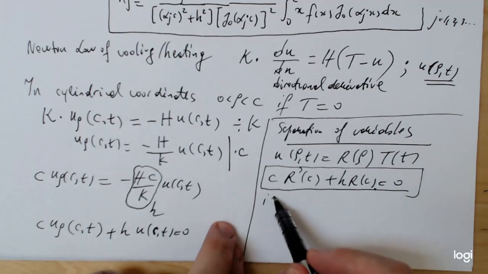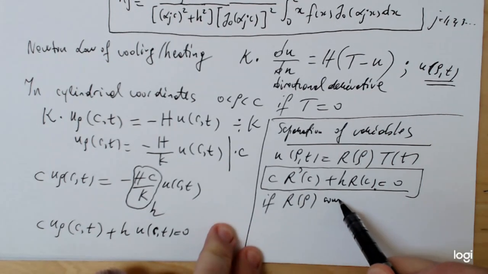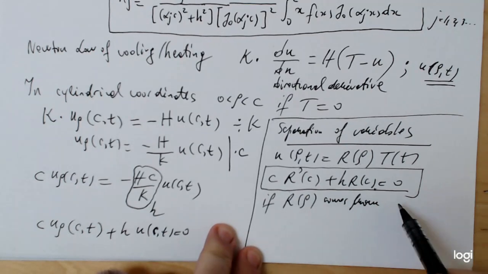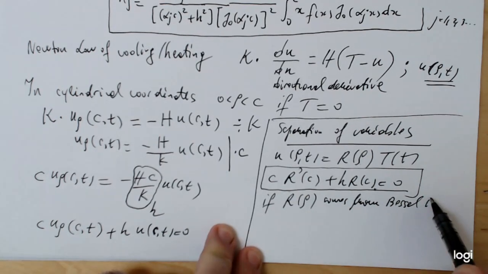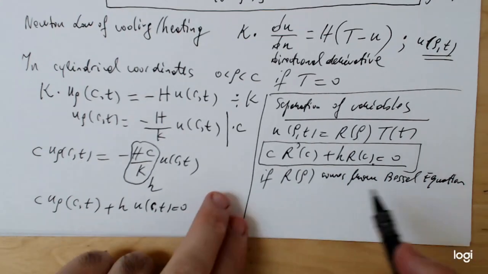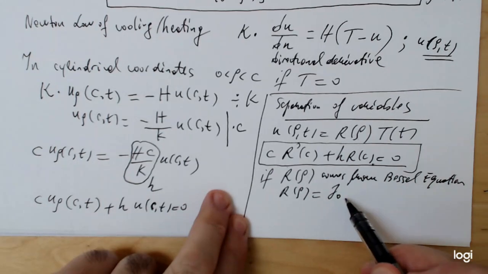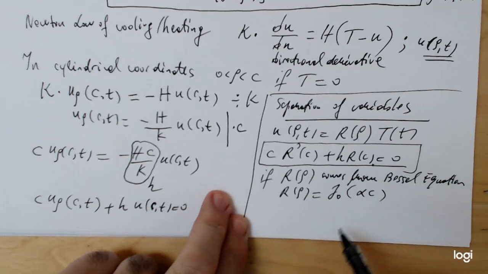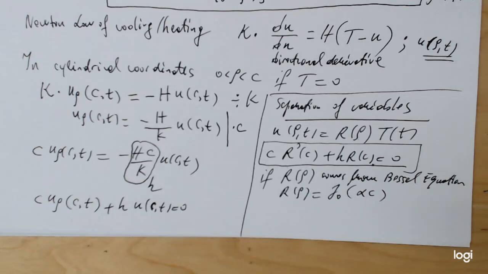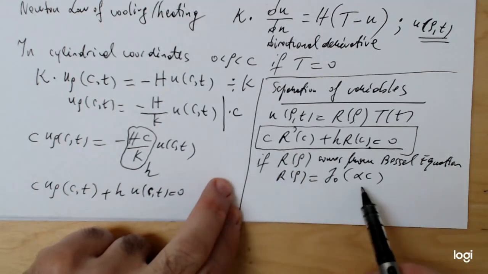And if, as we already expect, R of rho comes from the Bessel equation of order 0, then we know that its solution will be J naught of alpha rho. So if we plug J naught into this condition, we're going to end up with the following boundary condition for the Sturm-Liouville problem.